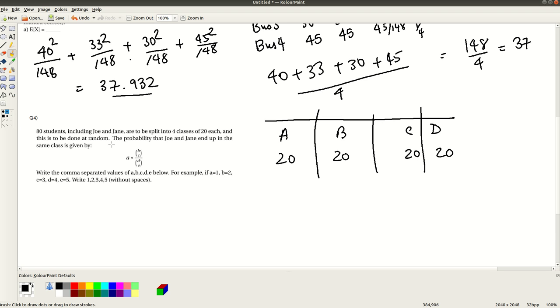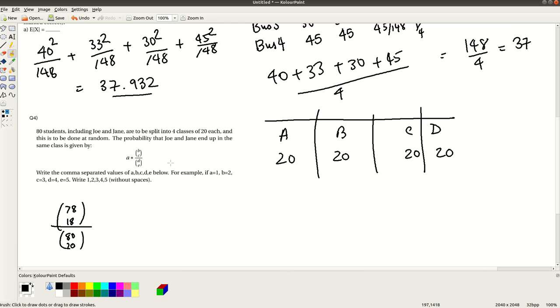Now what we will assume is Jane and Joe both are chosen in classroom A. So the total number of ways in which the classroom A can be made is 80 choose 20. Now 2 of these positions are already reserved for Joe and Jane. So the remaining 18 positions are filled in 78 choose 18 ways.